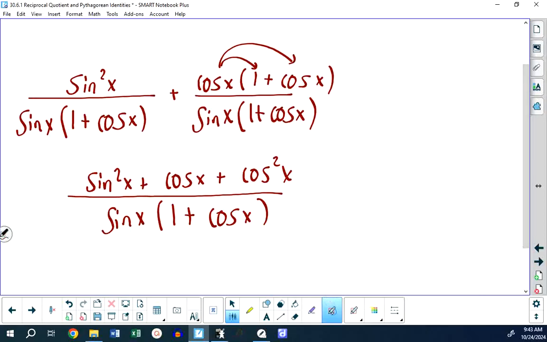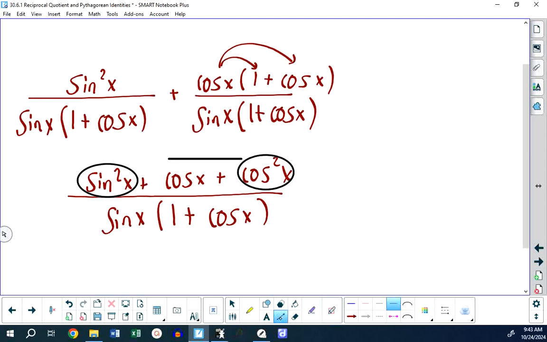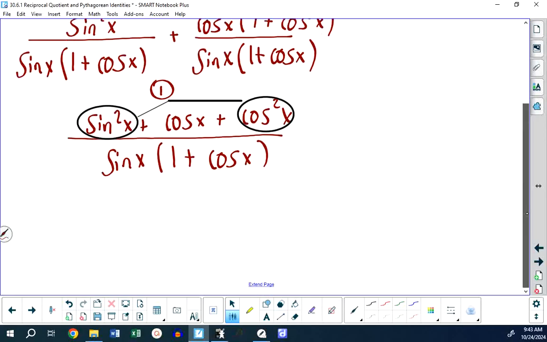Because this plus this is 1. Okay? So what? Hold on. Now what? So now you have 1 plus cos of x on the top and 1 plus cos x on the bottom, and those are both factors, so they cancel.